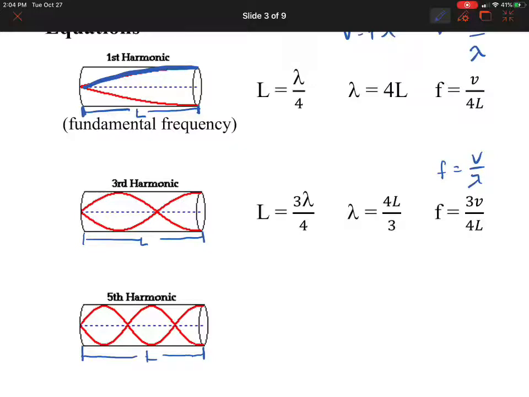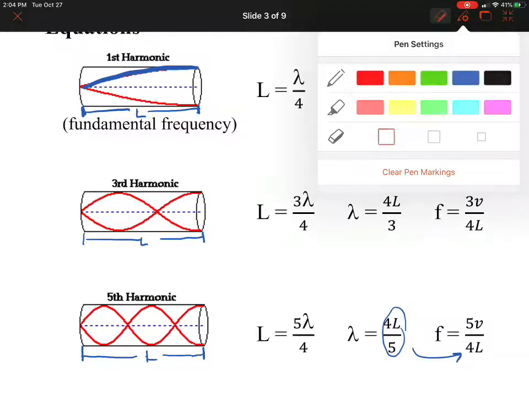Or like we said in the last one, there's 5/4 of a wavelength. So our length here is 5/4 of a wavelength, which means our wavelength is 4/5 of the length of the air column. Okay, so if we want our frequency, again, we take our new value for lambda, plug it in to V over lambda, and then we rearrange and we end up getting 5V over 4L.